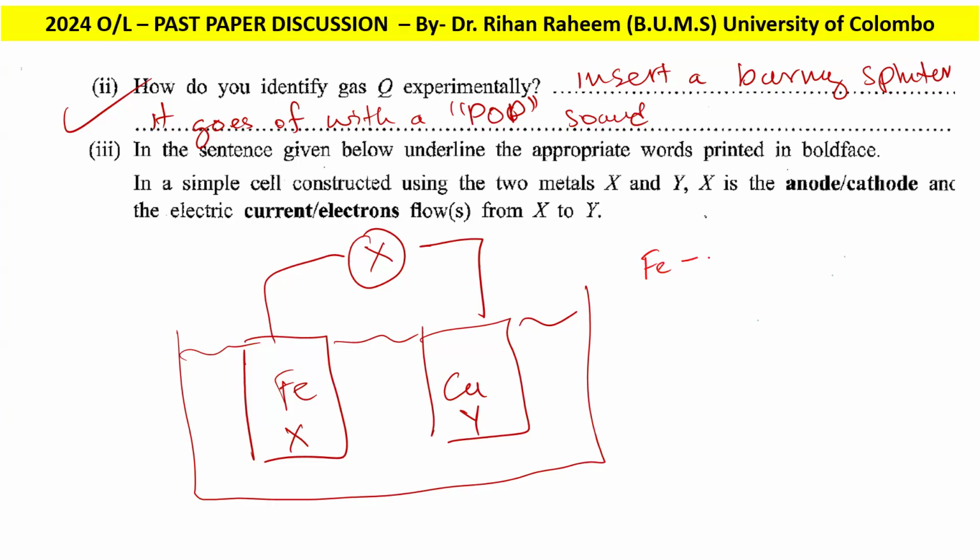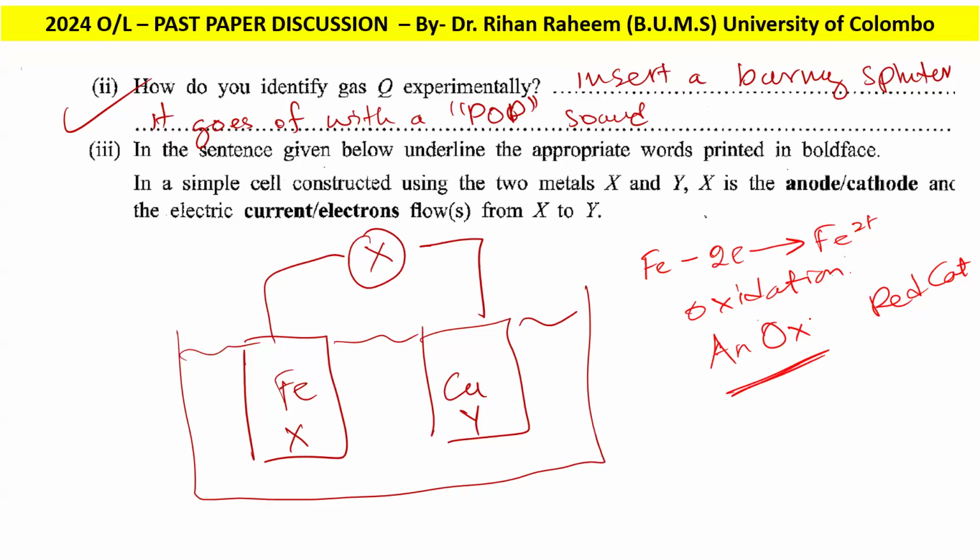What is oxidation? Losing of electrons. Fe will lose 2 electrons and become Fe2+. What is that known as? Oxidation. Where does oxidation always happen? AN OX, RED CAT. Oxidation is happening at the anode. So X is the anode.